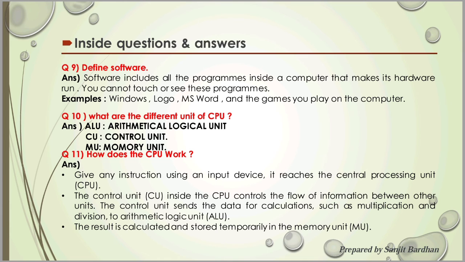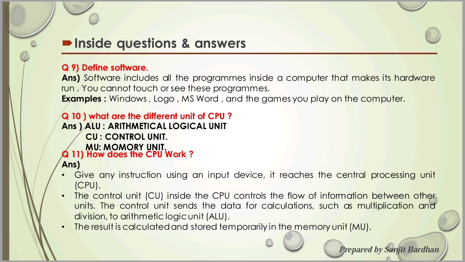Next is, how does a CPU work? We give instruction to the computer, then the instruction goes to the CPU, then the control unit controls the data, then the control unit sends the data to the arithmetical logical unit, then the arithmetical logical unit calculates the data with logical processing, then the data comes to the memory unit.